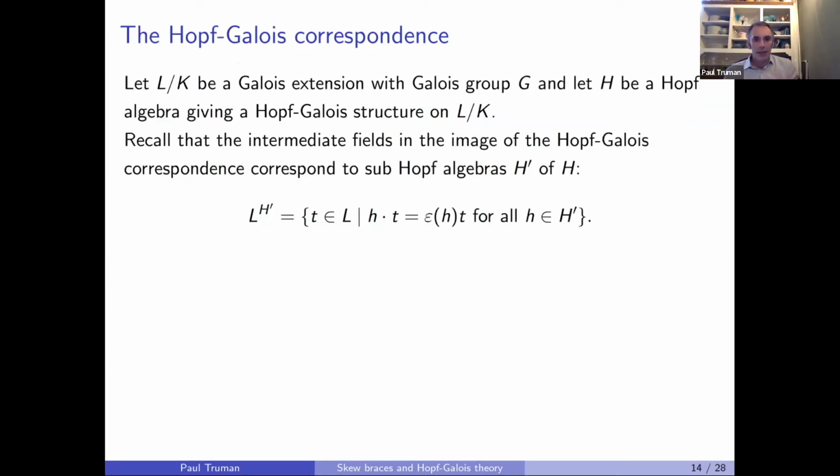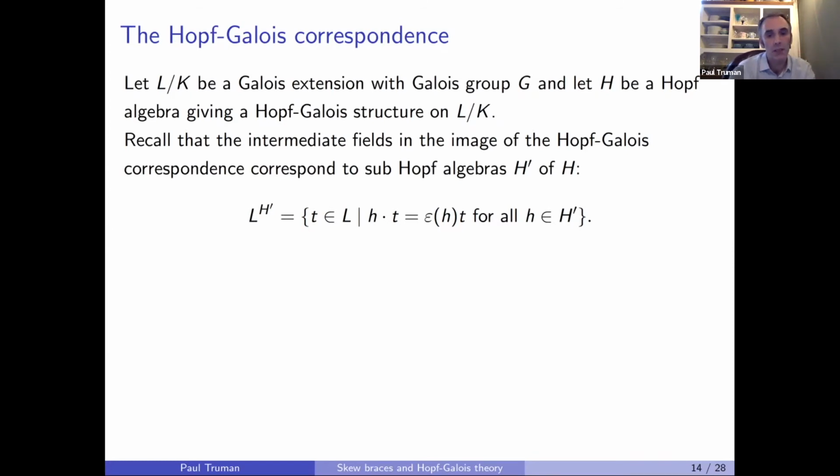Okay, so as if we hadn't had enough correspondences already, this is moving away now from the background material to some stuff which I hope you find a bit more interesting. I mentioned that one of the things you might care about when you're doing Hopf-Galois theory is which of the intermediate fields in your extension show up in the image of the Hopf-Galois correspondence, the Hopf-Galois analog of the Galois correspondence.